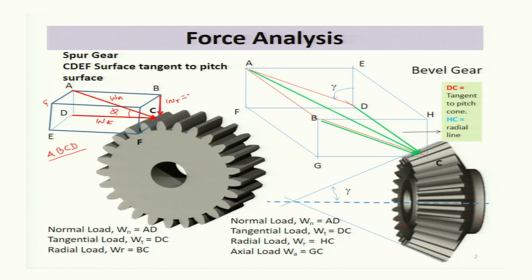Wr was Wn sine of phi and Wt was Wn cos of phi. Now, this was the case when this top land was parallel to the axis of the shaft.